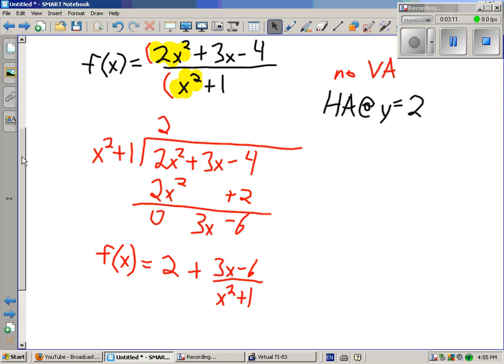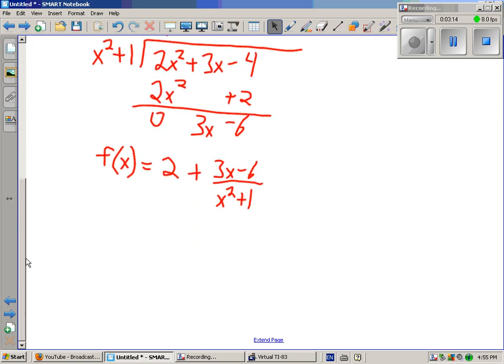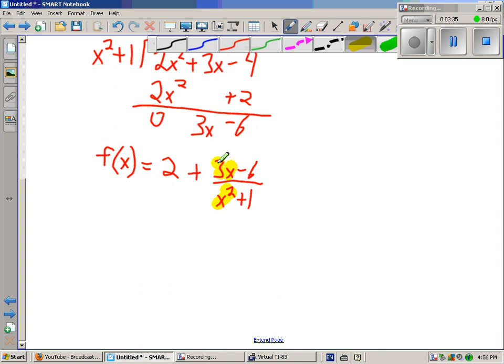Well, what good did this do us? Well, that 2 should look familiar, and here's our reasoning. If we think about as x goes to infinity, as x gets very large, remember when we're talking about horizontal asymptotes, we're talking about end behavior. x squared is going to get big faster than 3x. That x squared is going to dominate the 3x. So this whole little rational function here is going to have a horizontal asymptote at 0.